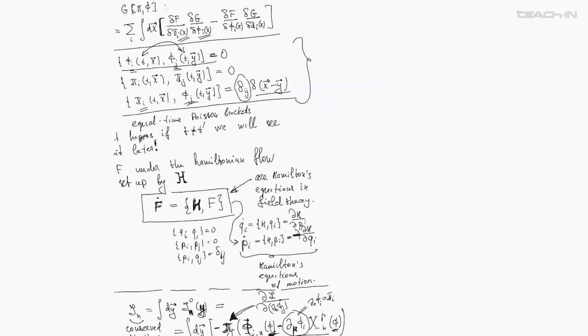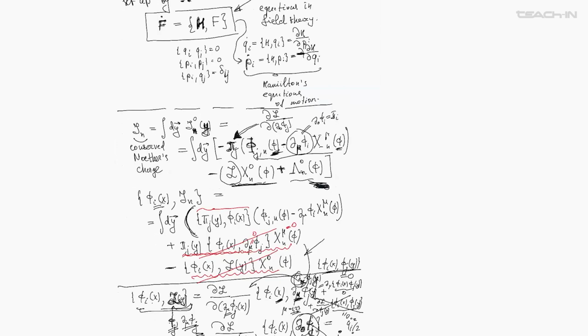multiplied by the delta function x minus y. So this is the Kronecker delta ij multiplied by the delta function x minus y. And therefore, I can integrate over y because of the delta function present.